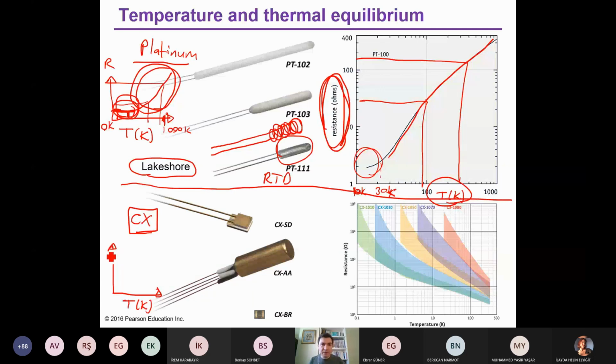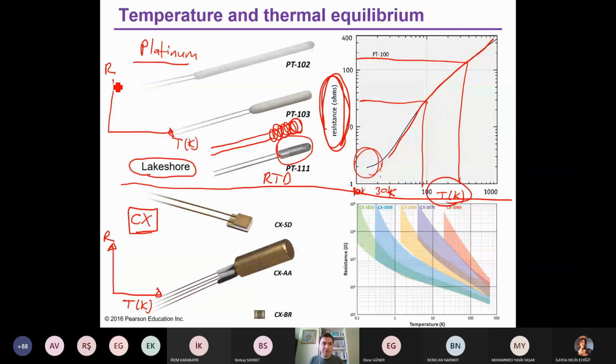Let me clean the upper part, and then you will better see the difference in between. This is the resistance versus temperature curve for metals. And as I told you, they are very sensitive at high temperatures.